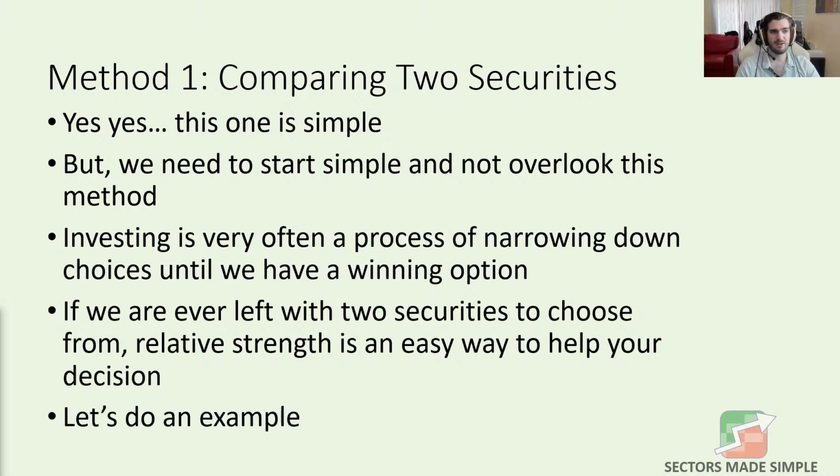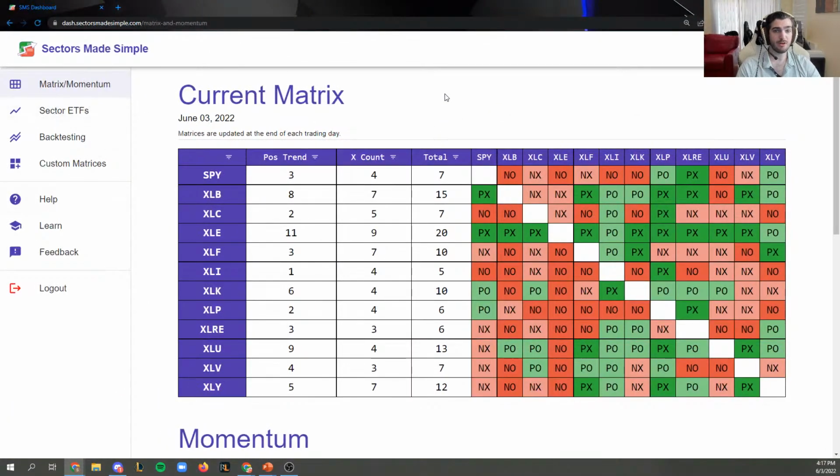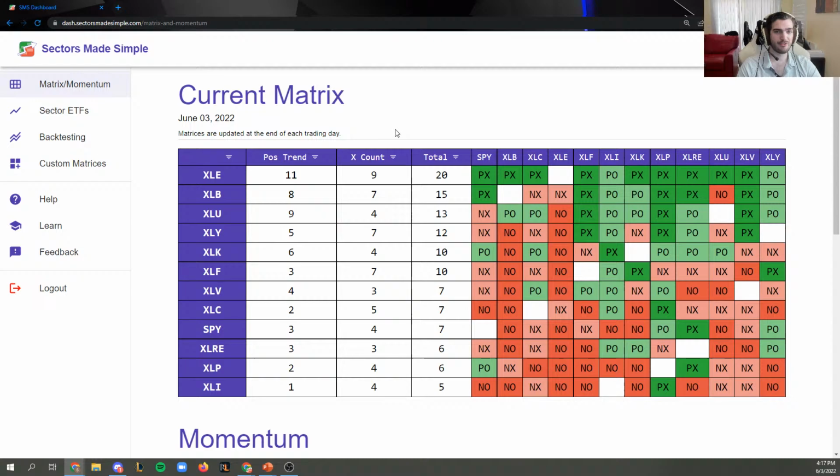Let's do a quick example to show you what we're talking about here. Again, you do not need to have a Sectors Made Simple subscription to do this, but because it's available to us and because it's a really easy way to narrow down a search for securities, we're going to use it. So if we look really quickly at the current matrix and sort by total strength, we'll see that energy, XLE, is the strongest overall sector.